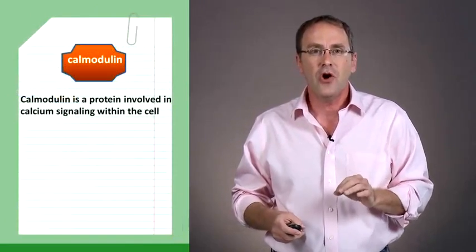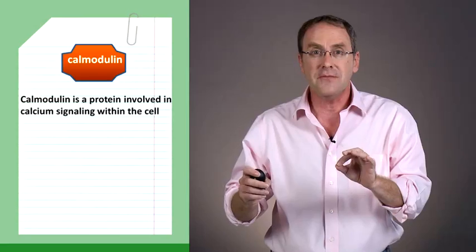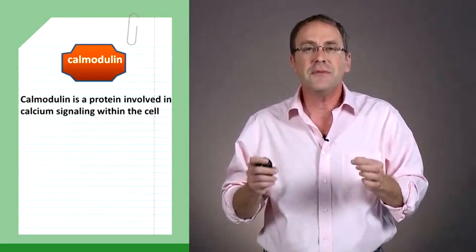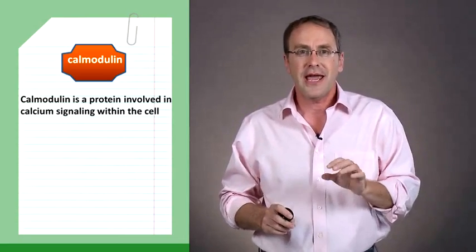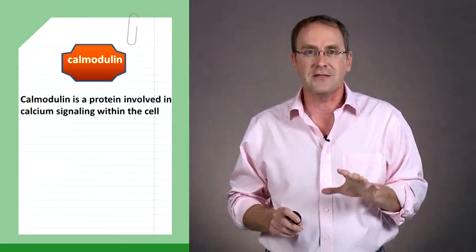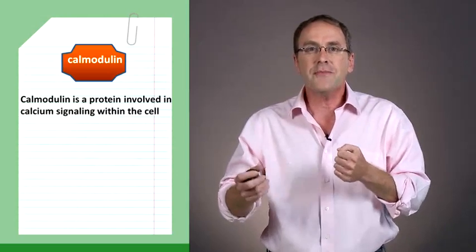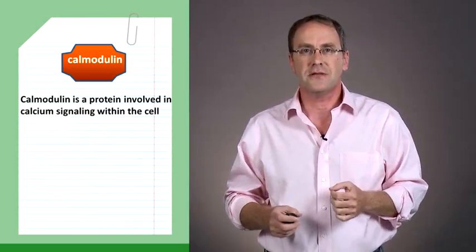Calmodulin is a protein which is involved in calcium signaling within the cell. As I mentioned in the beginning of this lecture, calcium is one of the important salt ions that regulates a cell's electrical charge and communication between the cells.